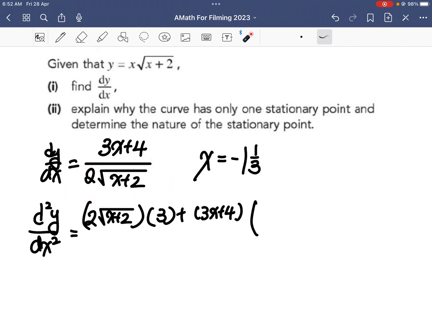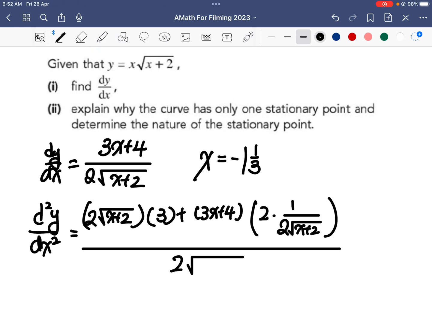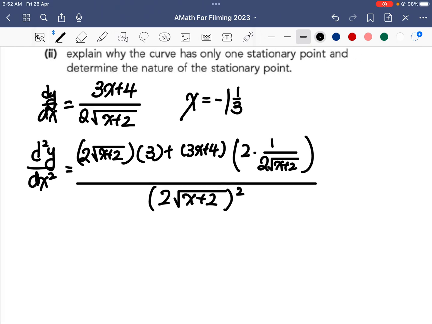When you differentiate this, I get 2, over v squared. v squared will be (2 square root x plus 2) squared.